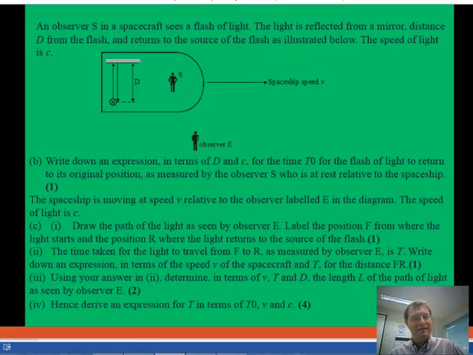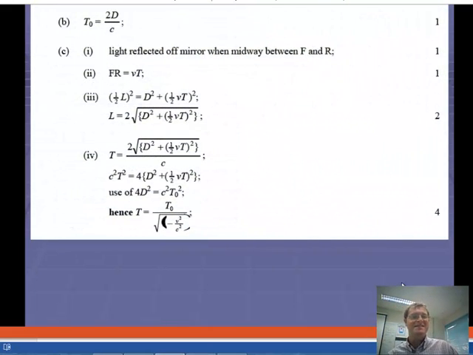And when you come back, I'll take you through the answers. So the mark scheme says this, and as you can see, each step is basically looking for a derivation of the time dilation which we've already identified. Okay. So that's one thing the IB may ask you for.